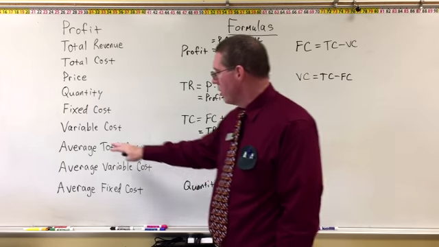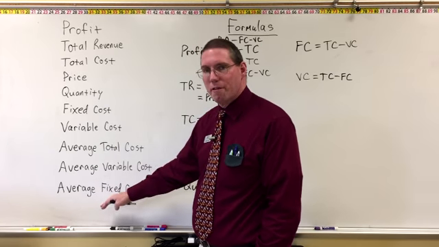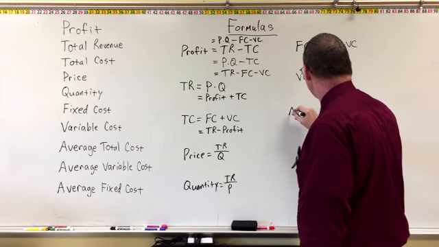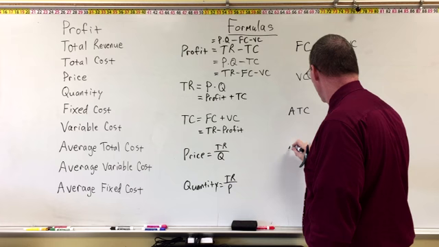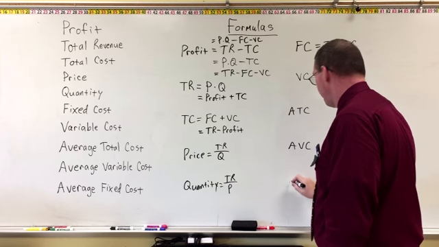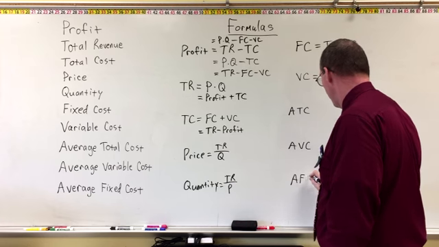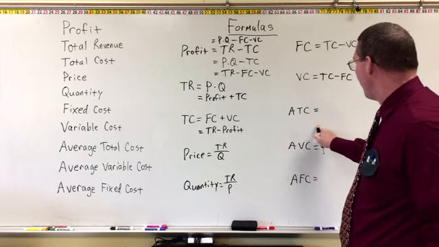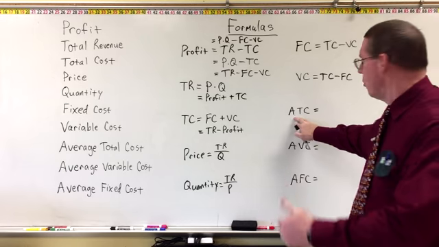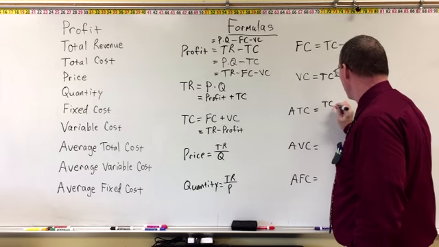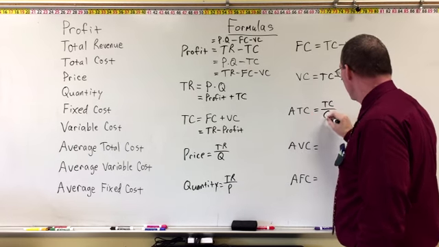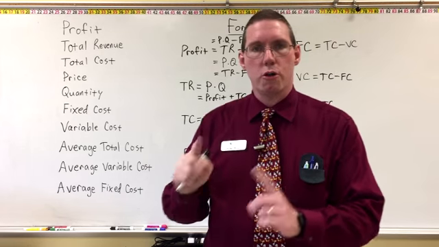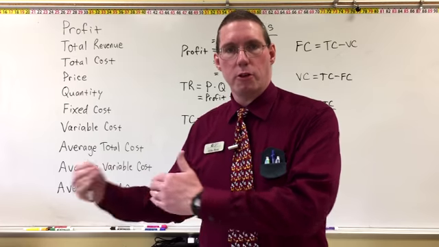Now let's go to these last three here, the averages. We'll do the initial formula first, then we'll manipulate it. So average total cost, average variable cost, and average fixed cost, AFC, right? Now, the basic formula, what you initially learned is the way that you get average total cost is if you know total cost, that's going to be total cost divided by quantity, because average total cost is the per unit of quantity value of total cost.